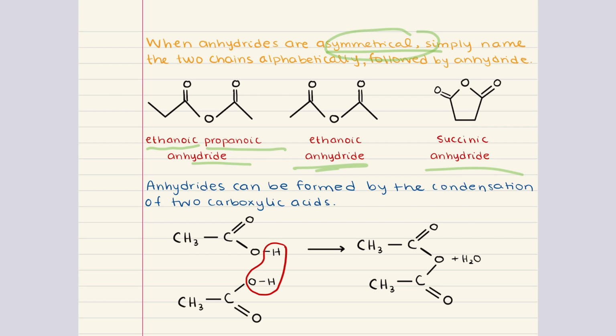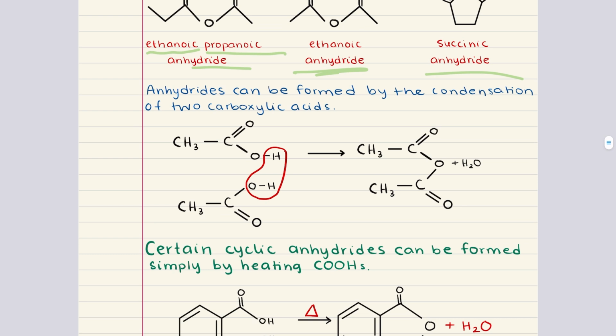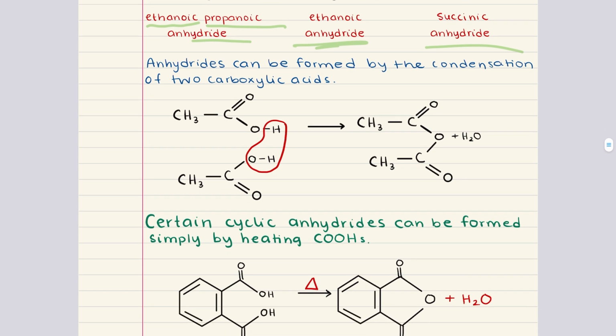Now let's go over how anhydrides are formed. The most common method is by the condensation of two carboxylic acids. In this reaction, the hydroxyl group from one carboxylic acid and a hydrogen from the hydroxyl group of the other acid are removed. These two atoms, a hydroxyl and a hydrogen, combine to form water, which is released from the reaction.